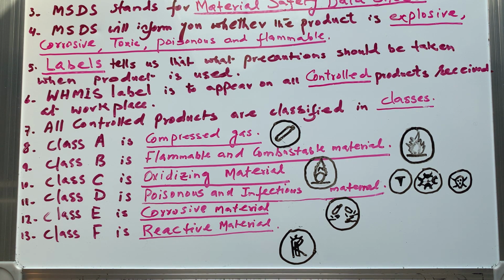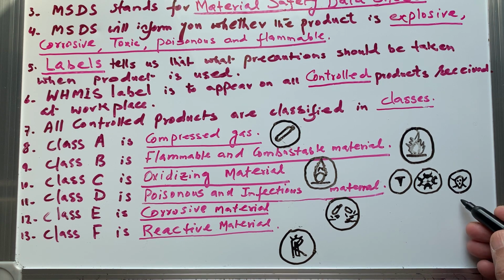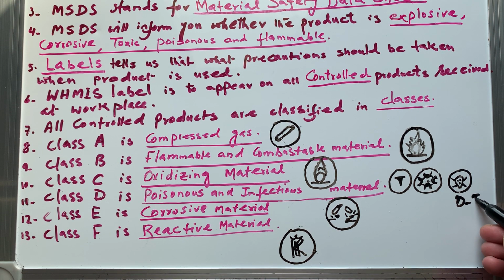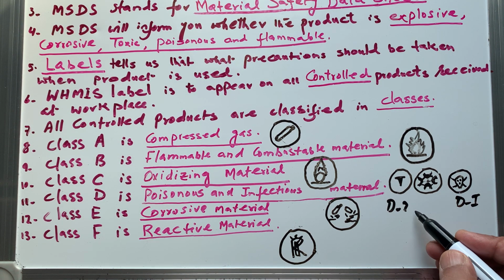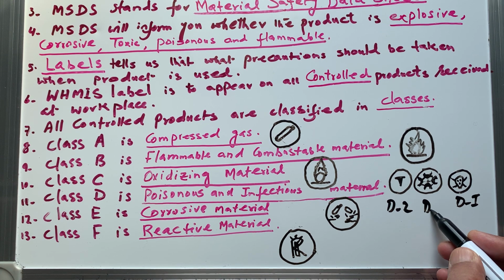Coming back to these three parts, D1, D2, and D3: D1 is material causing immediate and serious toxic effect. This is division 1, D1, this one is D2, and this one is D3.